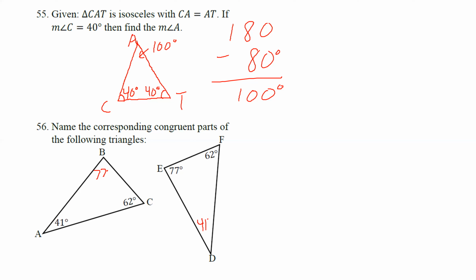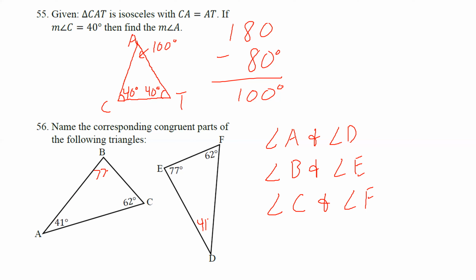So all the angles are the same. We need to match up all the corresponding parts, it said. So we have angles A and angle D would be corresponding. Angle B would correspond to angle E, and angle C would correspond to angle F.